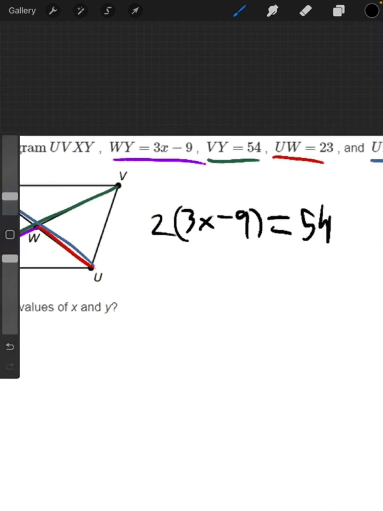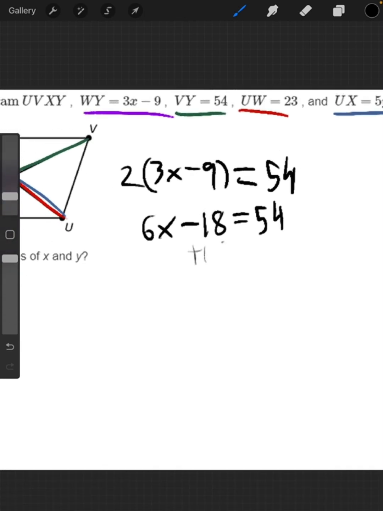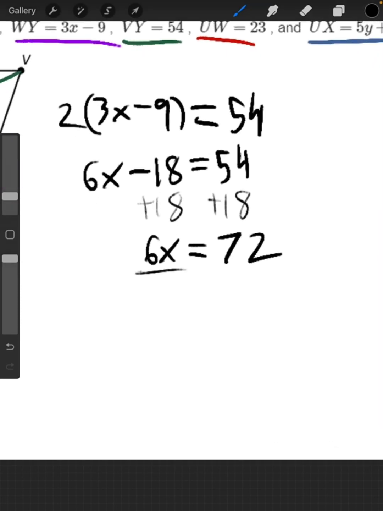Okay, let's do the distributive property, which would get us to 6x minus 18 equals 54. You have to add 18 to both sides, which gets you 6x equals 72. And then you divide both sides by 6.